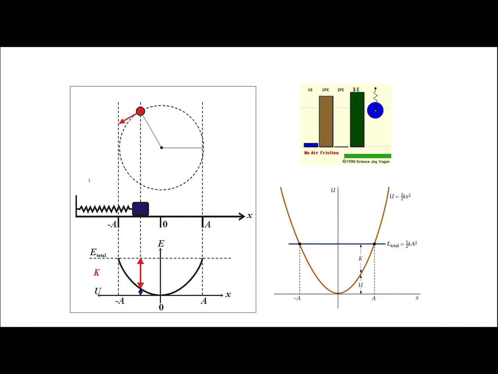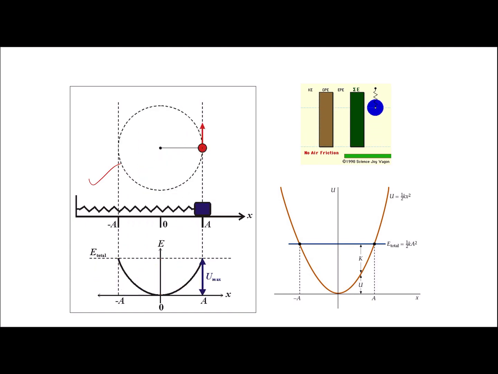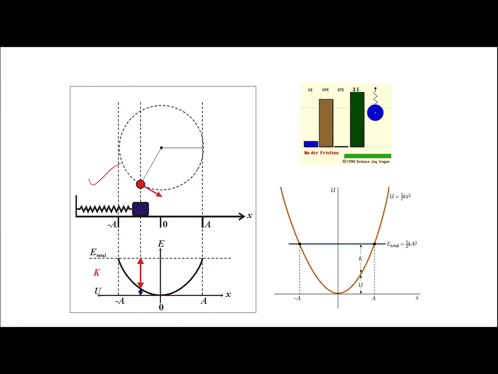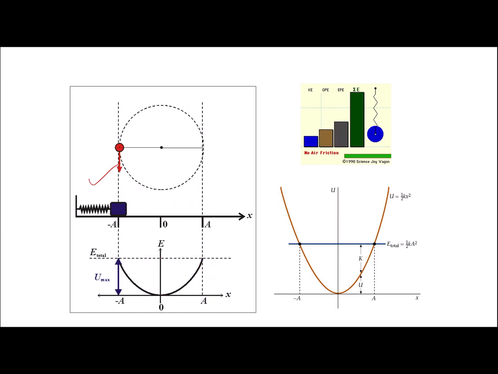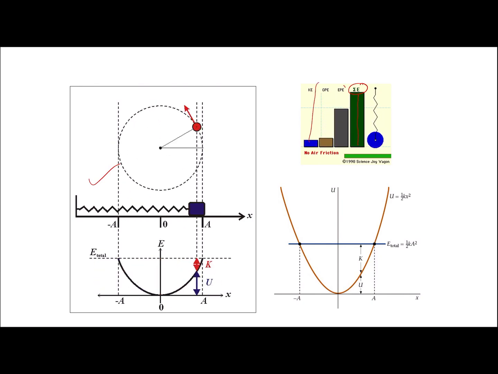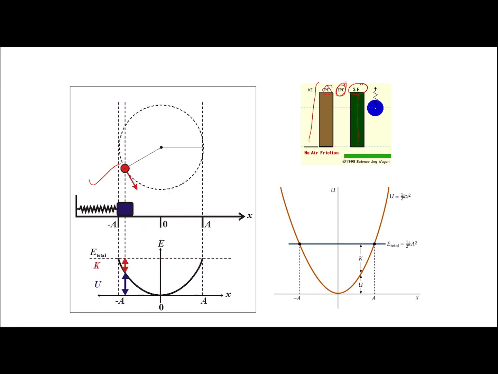In this figure, you can see how simple harmonic motion can be described as the projection of uniform circular motion. You can see here the total energy always remains constant, but only the kinetic energy and potential energy, whether gravitational potential energy or elastic potential energy, will change. If it is a mass spring system, there is elastic potential energy.